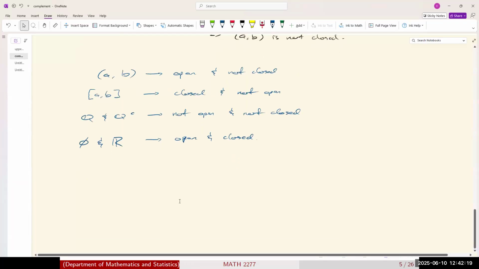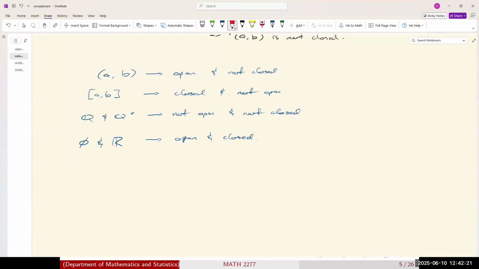And how to see this? This proof is very easy. Here is a little sketch of the proof, but of course you should sit and try it. Suppose we are required to show that the empty set is closed. If you want to show a set is closed, look at its complement. What is the complement of the empty set? What is everything outside of the empty set?